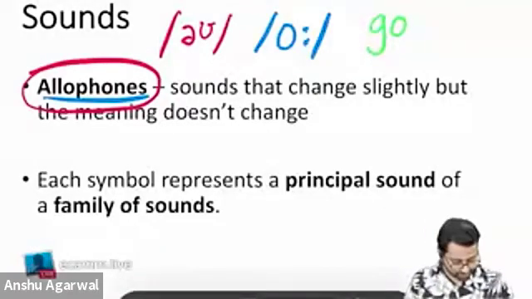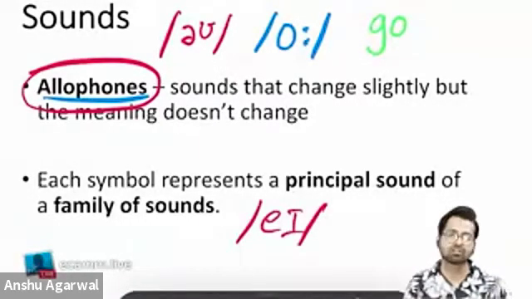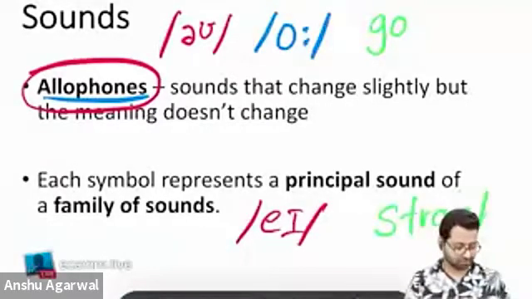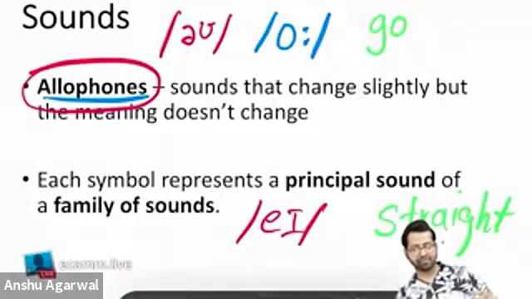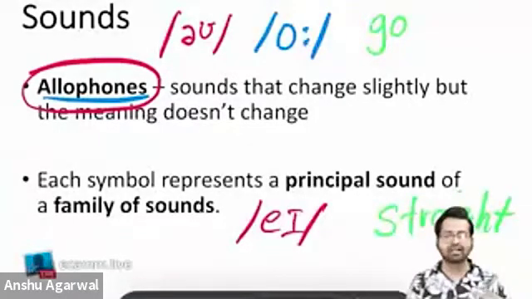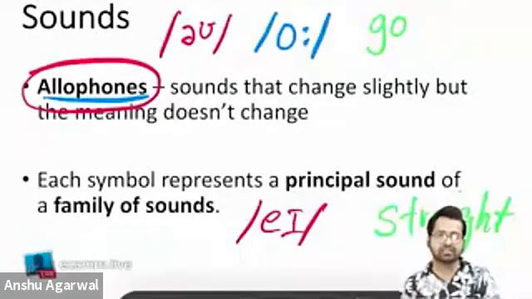There are more sounds like these. For example, A sound, like straight. So if I write the word straight, this word can be said as straight as well as straight. Now, straight is what most Indians use, straight.